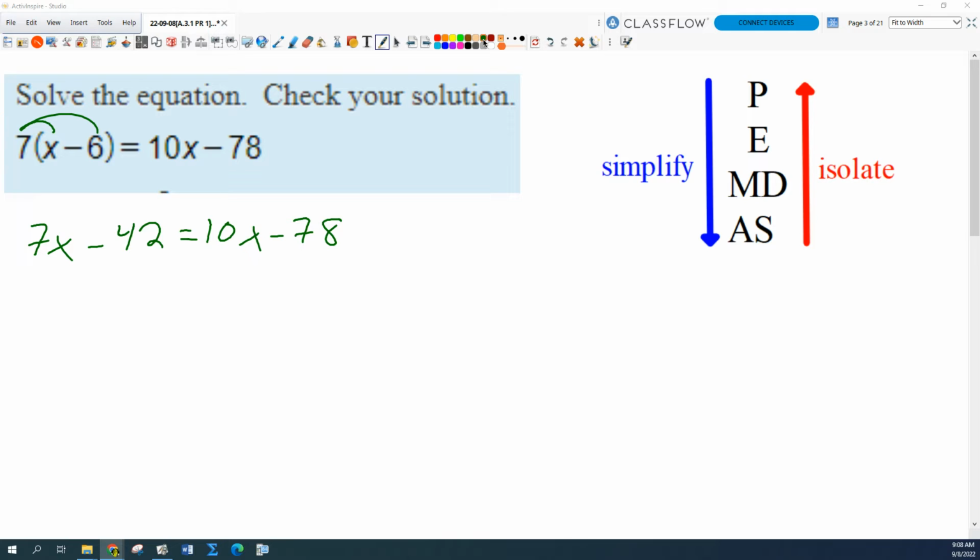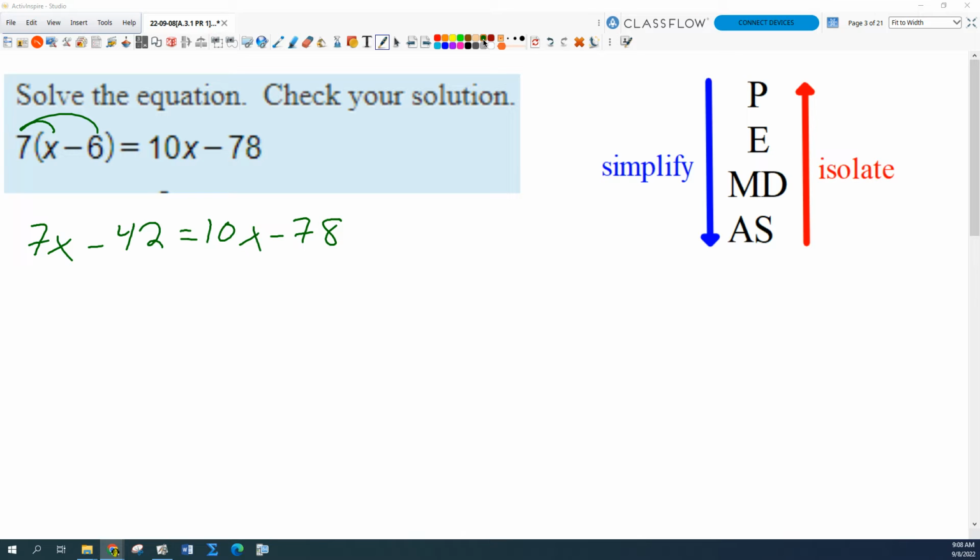Good. Then we move down to the next step, which is addition and subtraction. Okay, what am I going to do there? Okay, good. I want to move the x's to one side or the other by adding or subtracting. In this case, that's exactly right. We want to push the x's to the right. You almost think about it like some kind of an animation. We're just going to be moving things around and isolating that x.